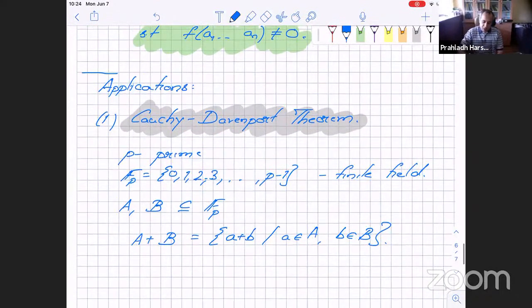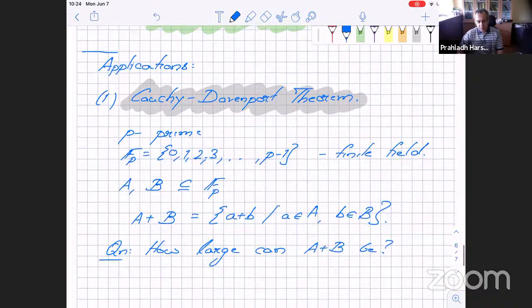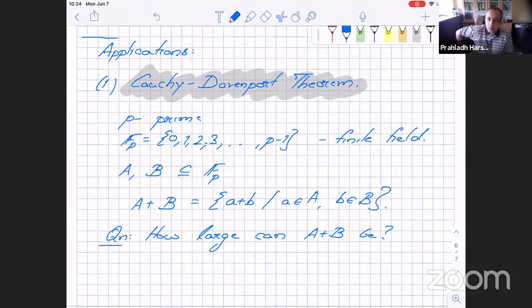The question which we want to ask, the Cauchy-Davenport question, is how large can A plus B be? What do you think? I want to make it as small as possible.